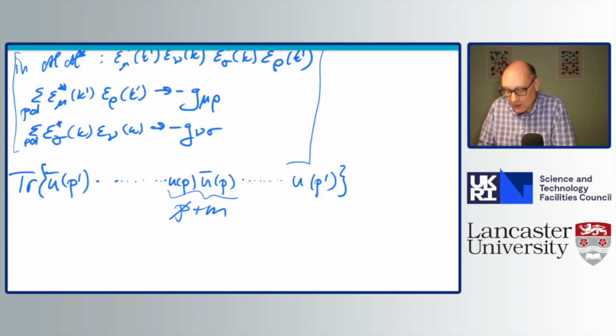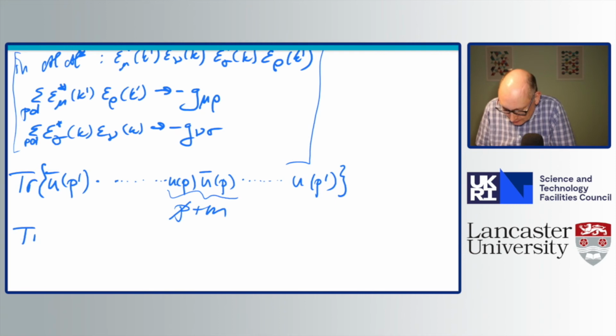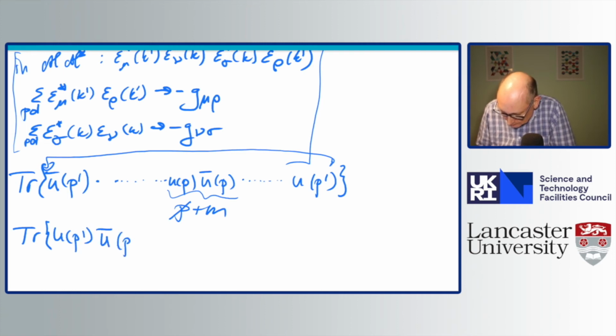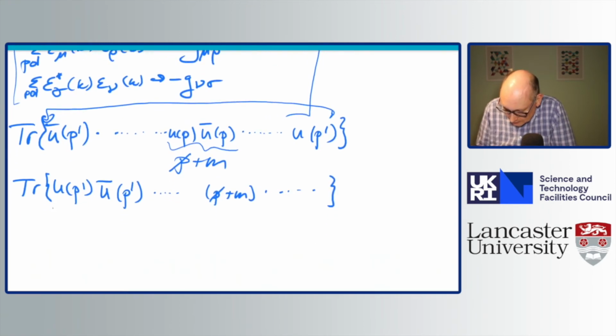That's quite clever, because the trace is cyclic, so this long trace here is actually equal to, I'll move this all the way back here and get a U, P prime, U bar, P prime, and suddenly I can use the same trick and write, instead of this, when it's summed over spins, gives us P prime slash plus M, right?